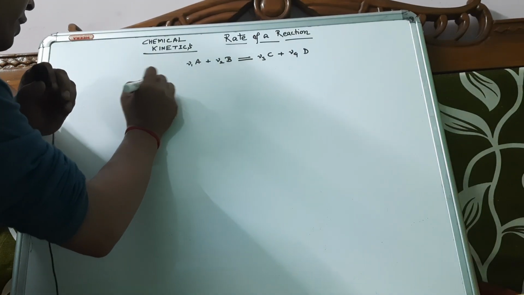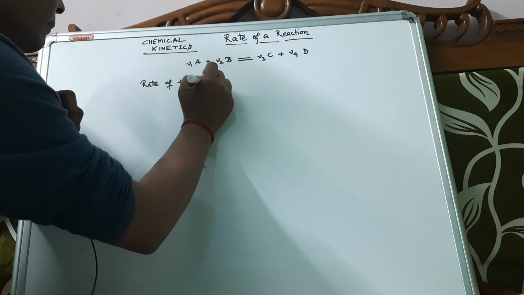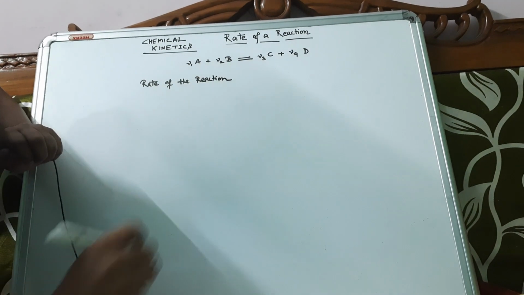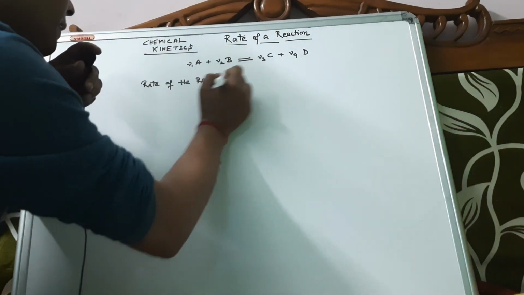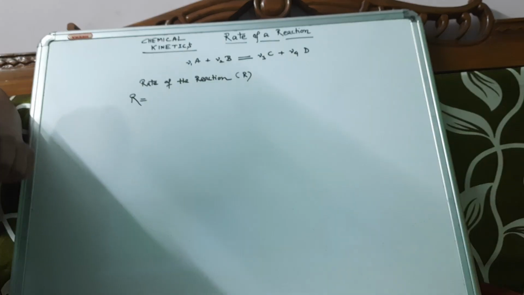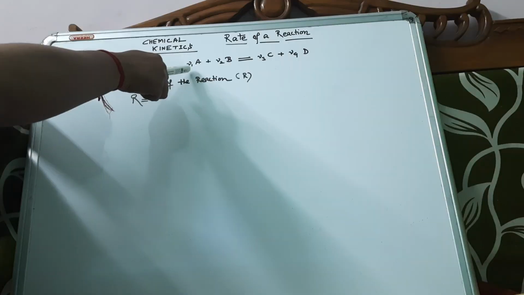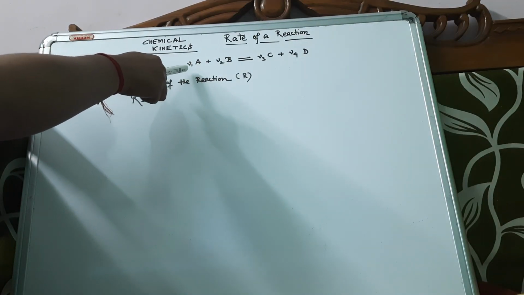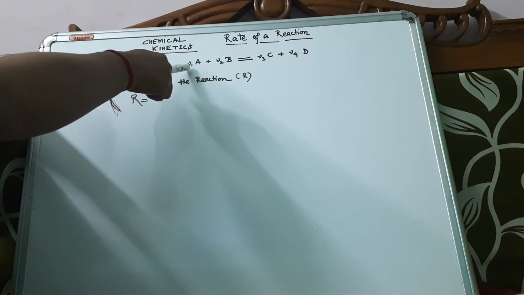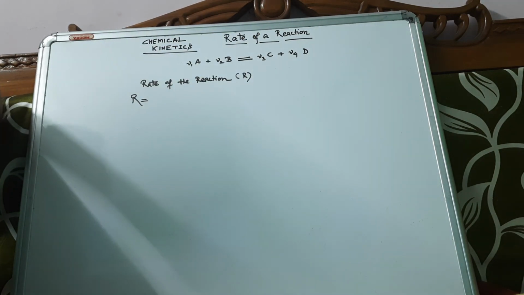So then, what will be the rate of the reaction R? In our previous case the stoichiometry was taken as 1, but here the stoichiometry has some values other than 1.